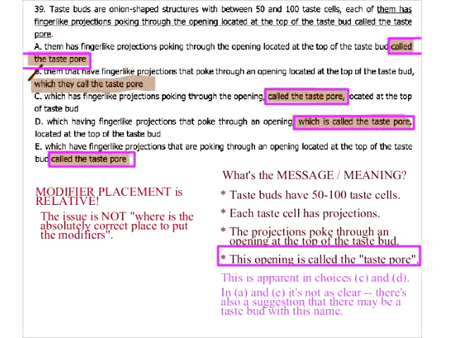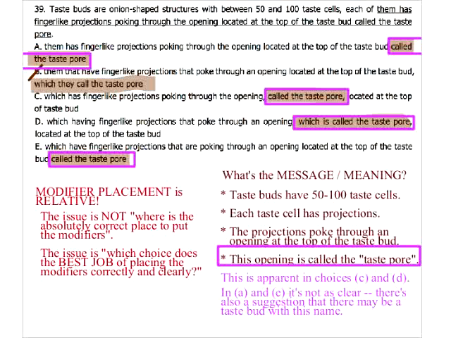But instead, the issue really is which choice does the best job of placing the modifiers correctly and clearly. It's relative. You're just judging the choices against the other choices. You're not judging absolutely here. So in that sense, we can tell that A and E are worse than C and D. Okay.